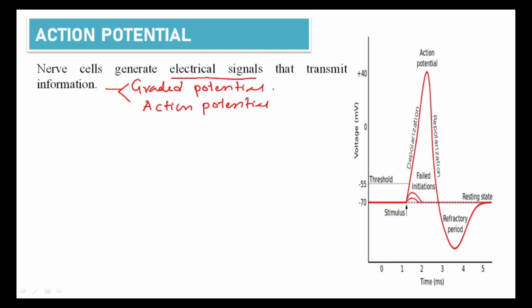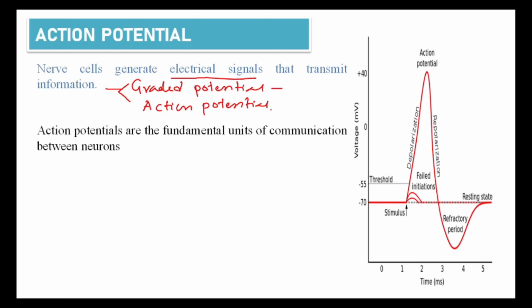We have seen that graded potential serves as a short distance signal, whereas action potential, also called a nerve impulse, signals over long distances. Action potentials are considered the fundamental units of communication between neurons, because they are responsible for the transmission of signal over long distances, from one neuron to another neuron.